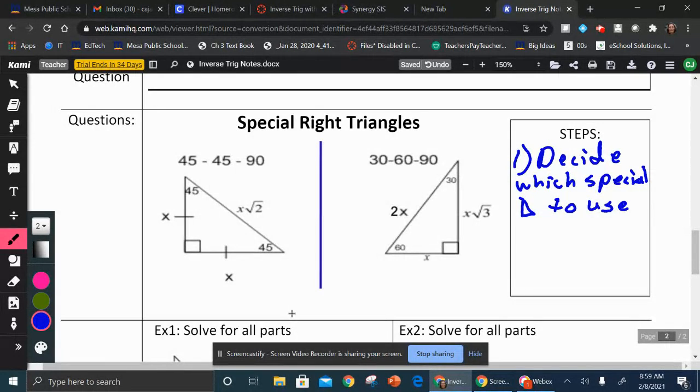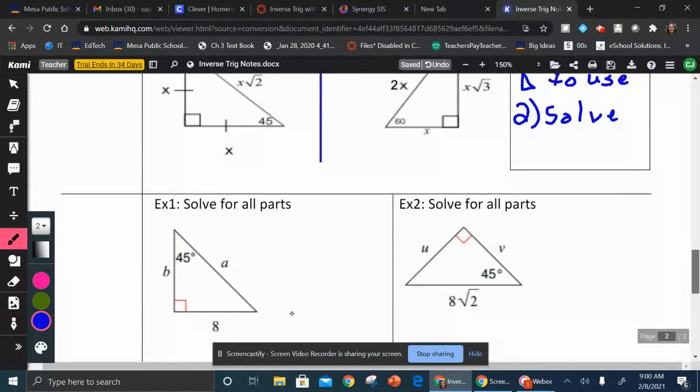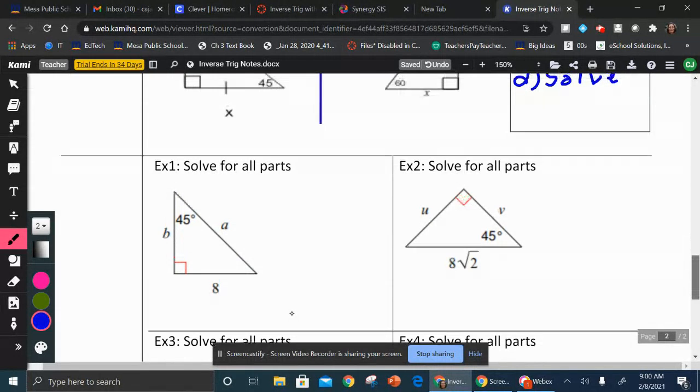You're going to look at the angles, and then you're just going to solve. You got this, everybody.